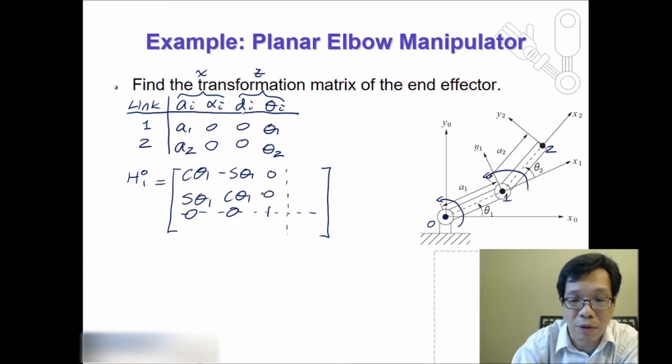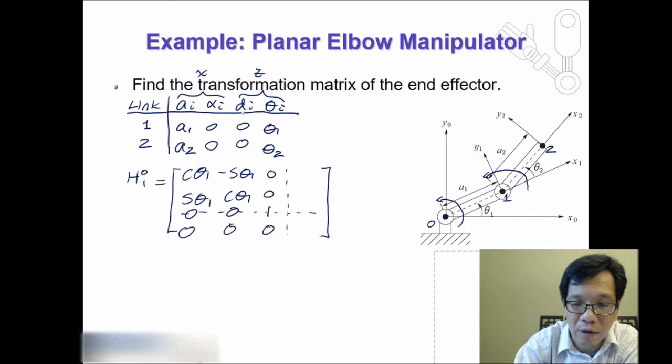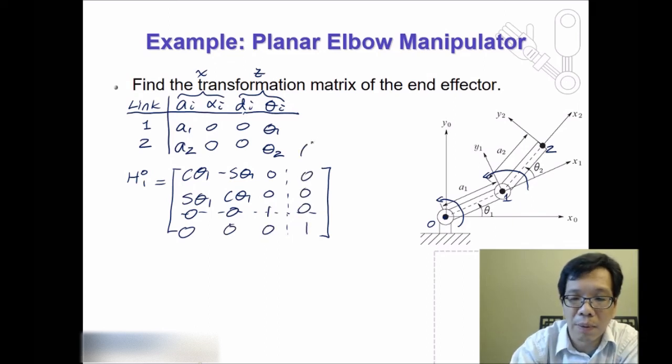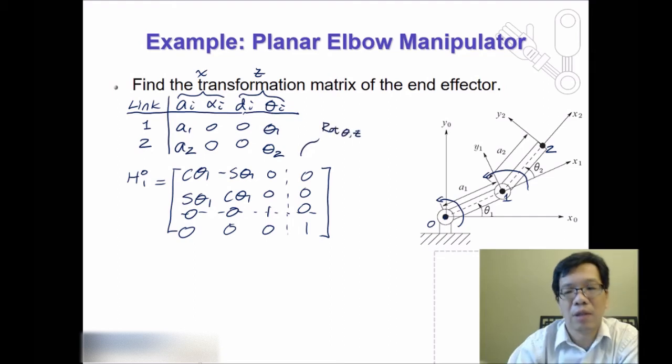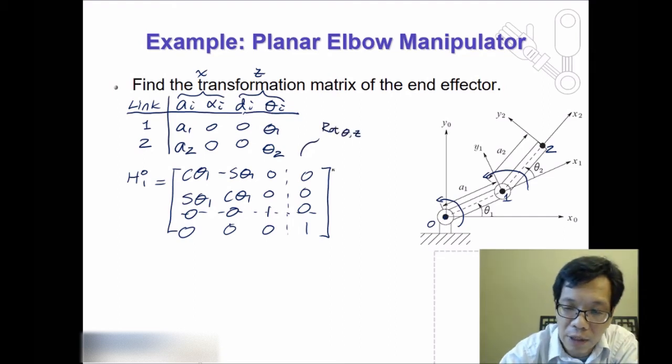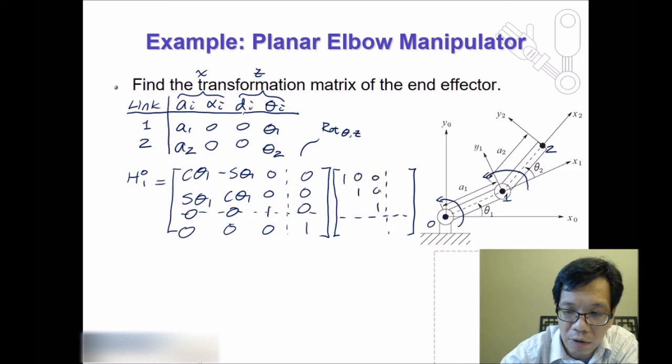That's my rotation matrix, theta about z. Nothing fancy. For the second one over here, we have 1, 1, 1, and all the others are zeros.